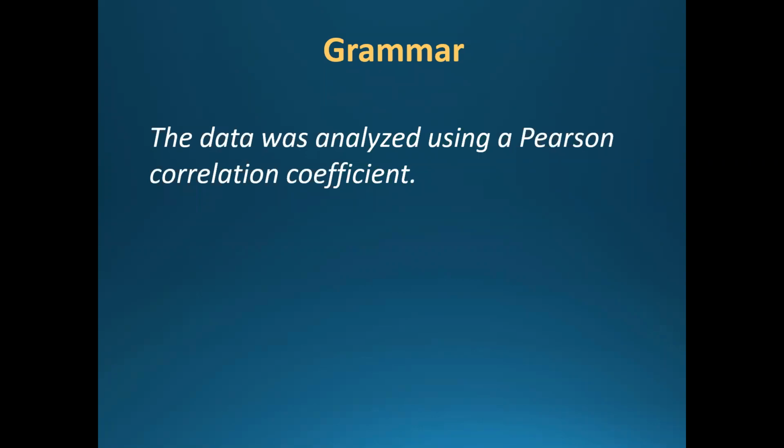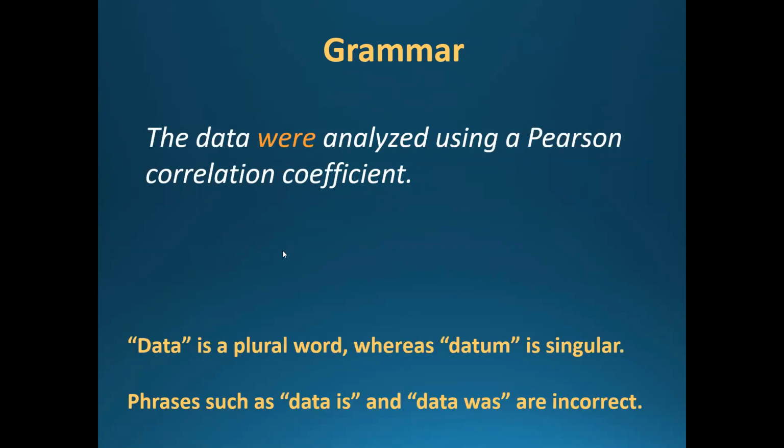Not necessarily. It would be anthropomorphizing if you would say the data said this. The data doesn't. So that would be the anthropomorphizing. So the problem with this one is the plurality of things. So right here, the data was analyzed. It should be were. Data is a plural word, where datum is a singular data point. So phrases such as data is and data was are incorrect. We want to say the data were analyzed.